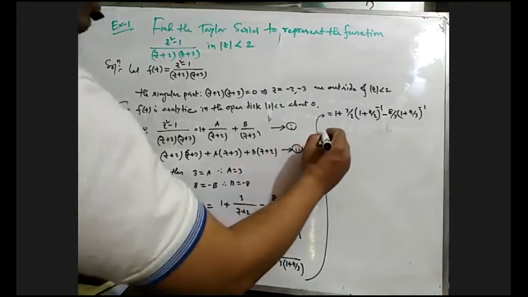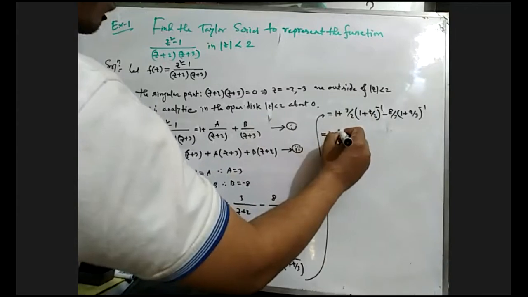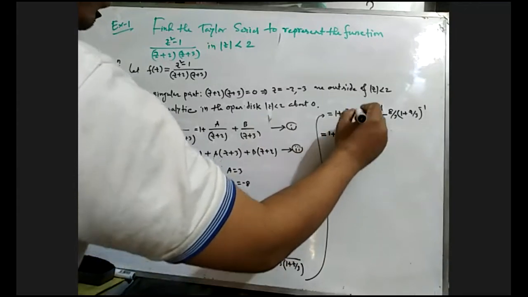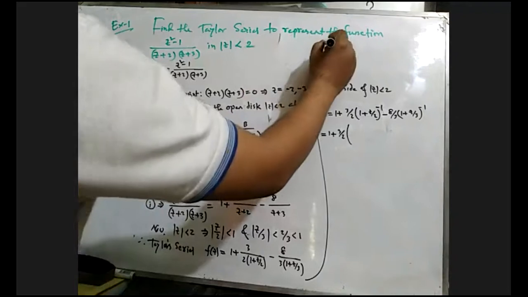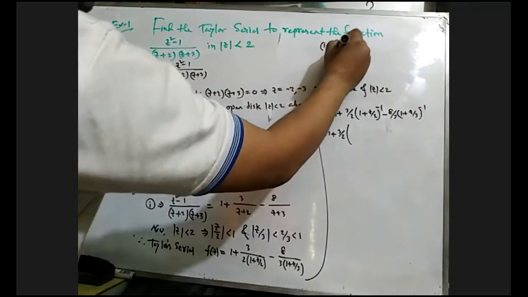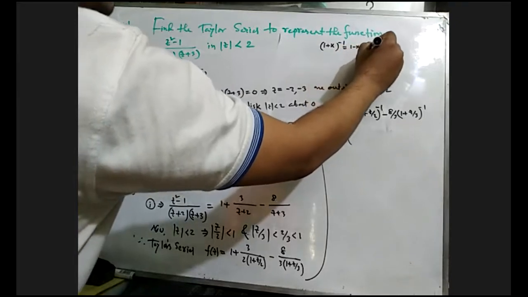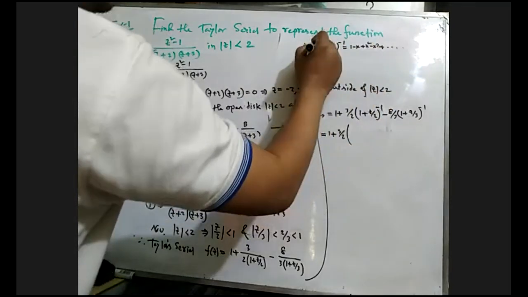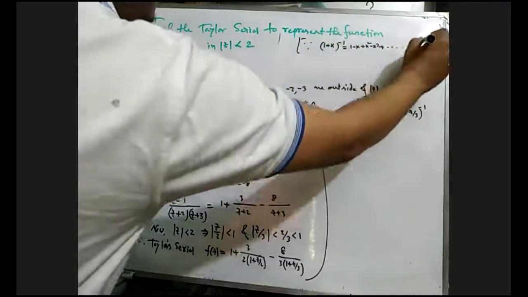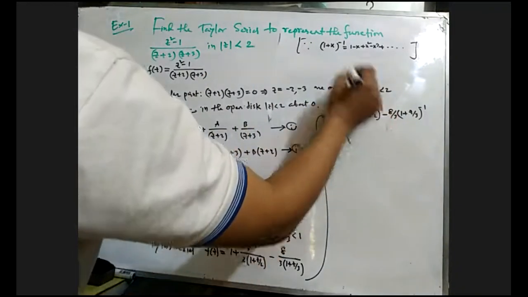So the series can be written like this: 3 by 2, 1 plus x whole to the power minus 1. What will be 1 plus x whole to the power minus 1? The formula: 1 minus x plus x square minus x cube plus dot dot, just using this series from the binomial series. So x means z by 2 here.